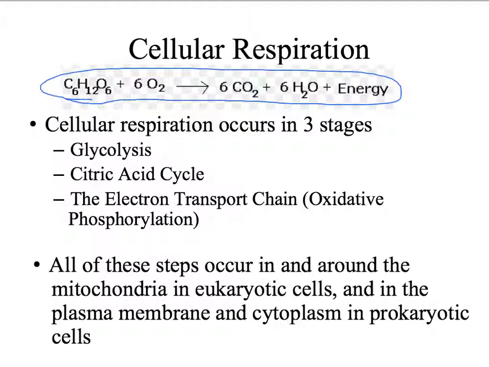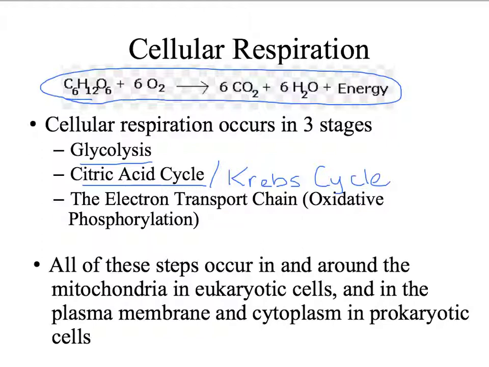Cellular respiration occurs in 3 stages. You have glycolysis, the citric acid cycle, which is often called the Krebs cycle, after the gentleman that found it, and the electron transport chain.